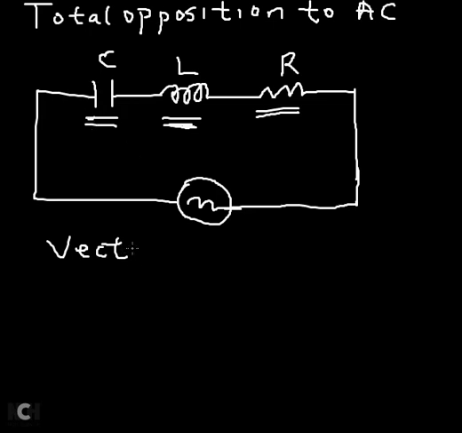So if we are going to combine these three components, we will need to draw a vector diagram for both the voltage and the impedance. The vector diagram is also called a phasor diagram; a vector is a quantity with direction.